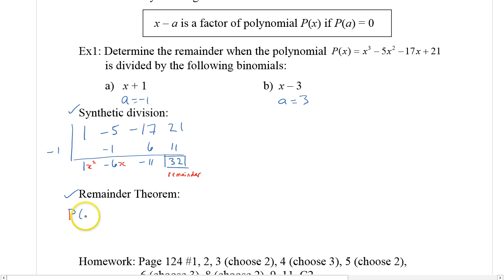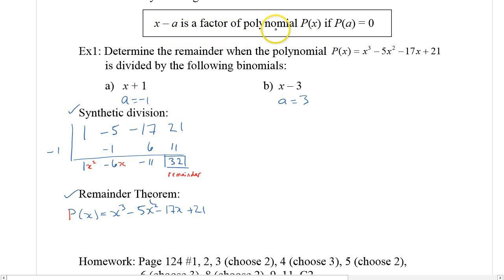P of x is equal to x cubed minus 5x squared minus 17x plus 21.